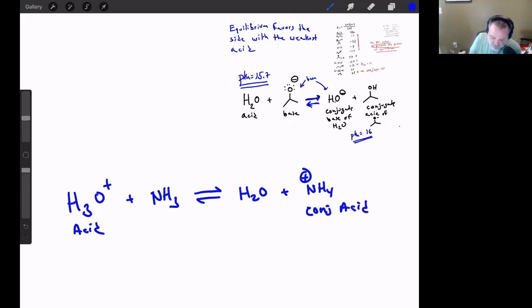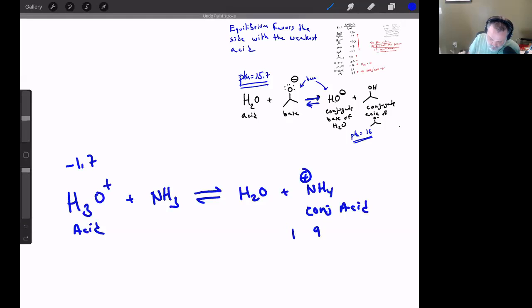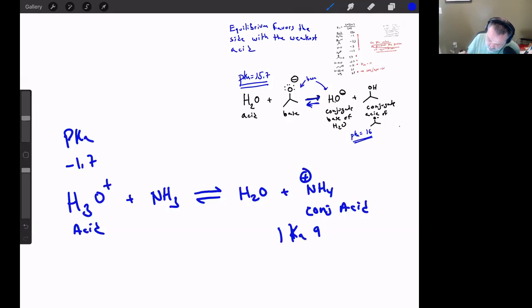The pKa here is negative 1.7, and you don't have to know this to figure this out. The pKa of the ammonium ion is around 9. So if you look this up and find out that the pKa of an ammonium ion is around 9, then that means it's the weaker acid compared to H3O+.